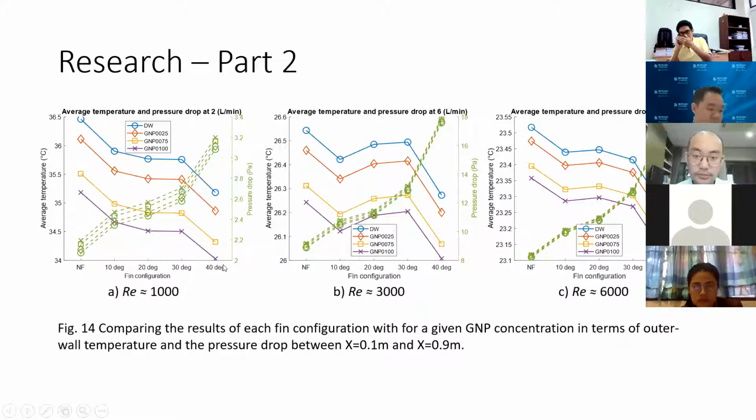And this is applicable for most of the cases, but here for 3,000, a bit strange. But in general, the heat transfer performance is better when we increase the angle of the fin.